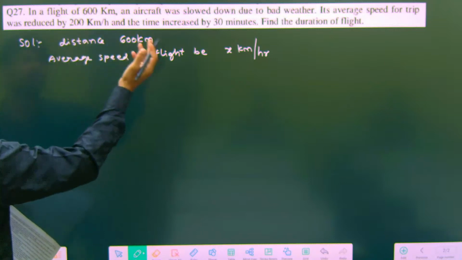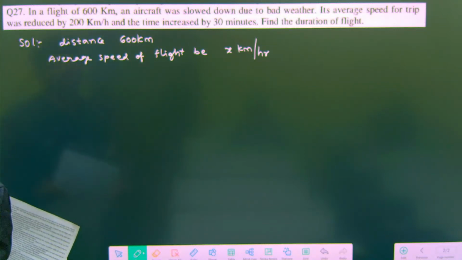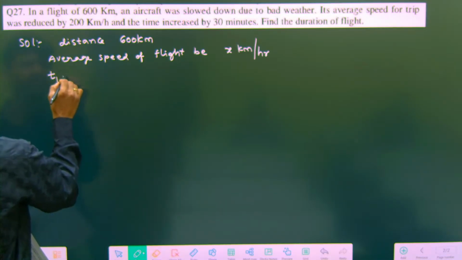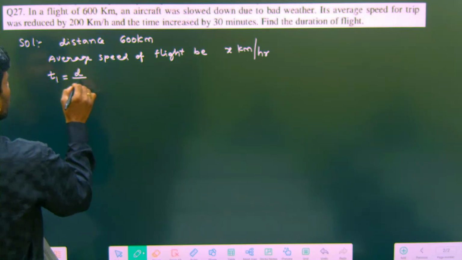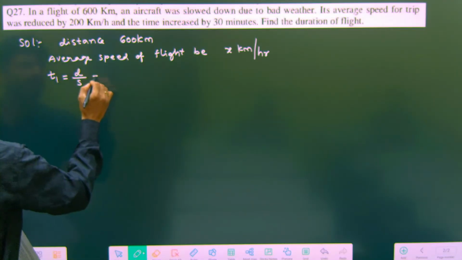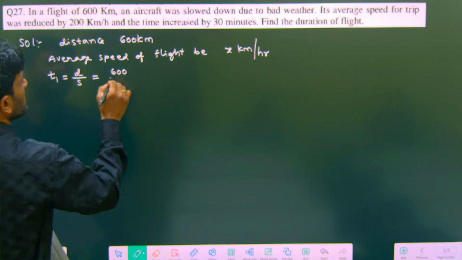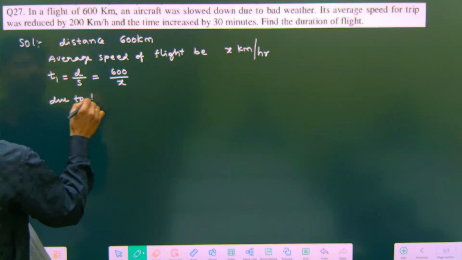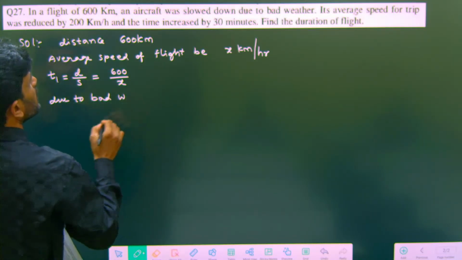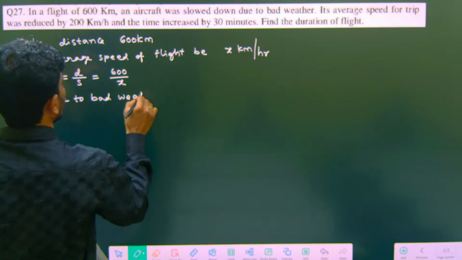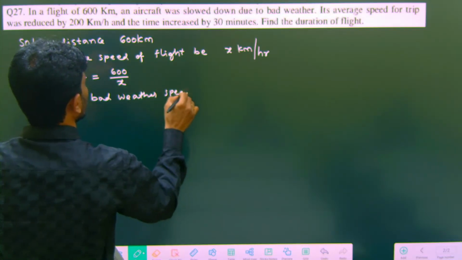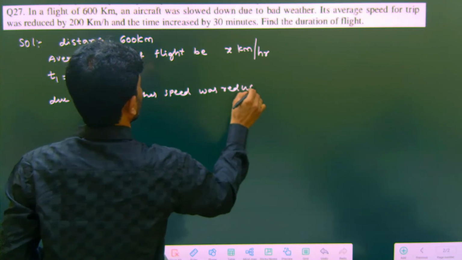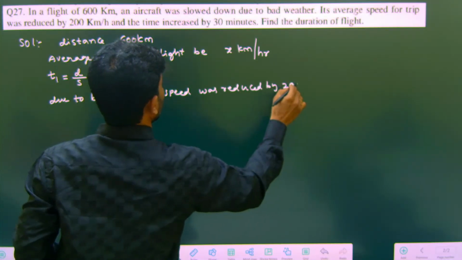So here what happened? Because of weather, it is reduced by 200 kilometers per hour. So we have to find time in both the cases. Original time, using the formula time is equal to distance by speed. So in the first case it is 600 by x. Due to bad weather, speed was reduced by 200 kilometers per hour.